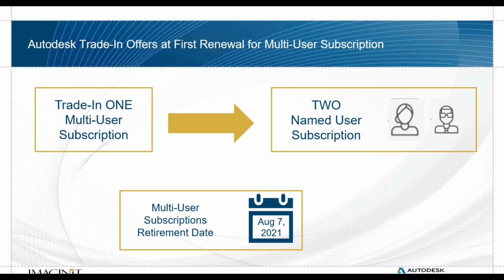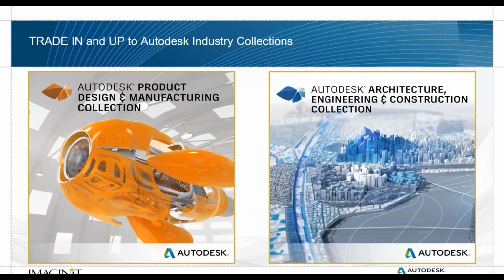Once again, Autodesk is keeping the cost consistent with what you pay today. Now, we only have less than a year, August 7th of 2021, and at that time, subscriptions with multi-user plans will have their final retirement and they can't be renewed. So really now we need to start planning, and we're here to help you do that.